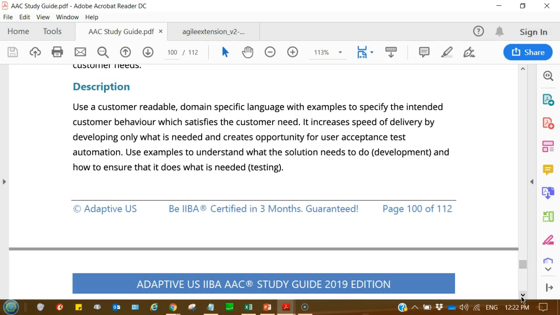This behavior-driven development kind of leads into test-driven development, where you're basically creating your testing requirements prior to creating your code, so that you're driving your code based on your test cases.